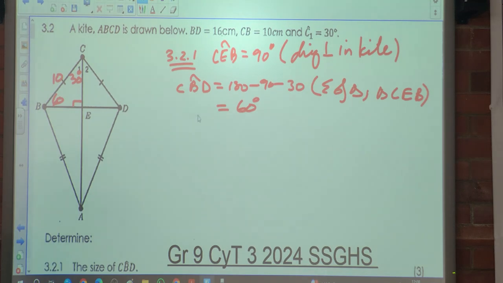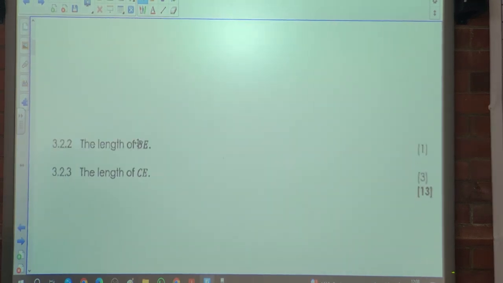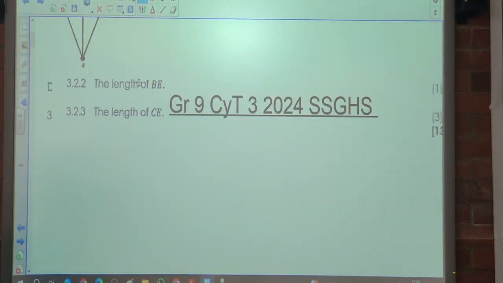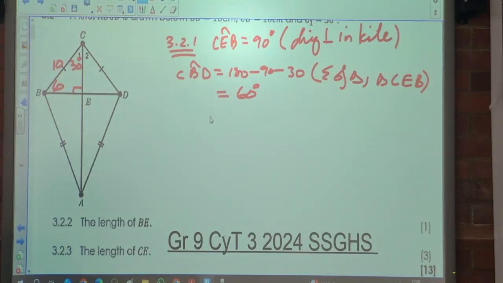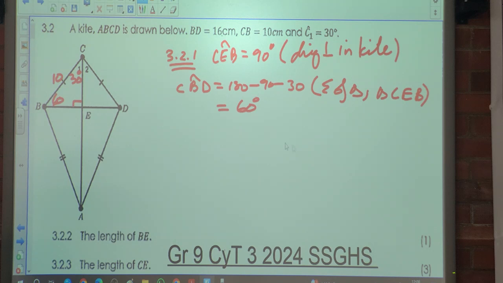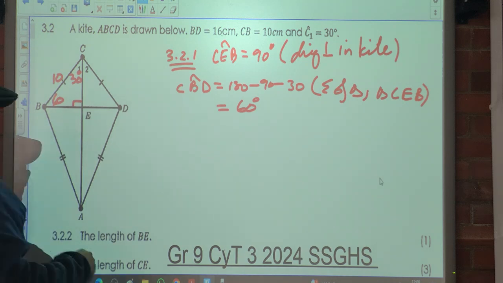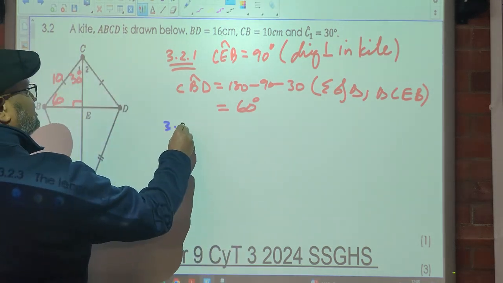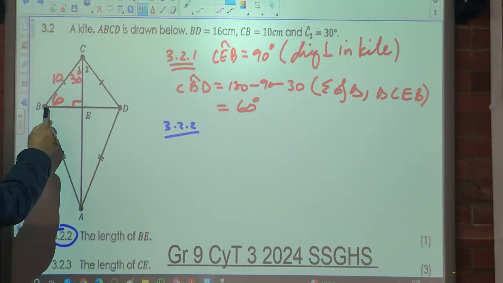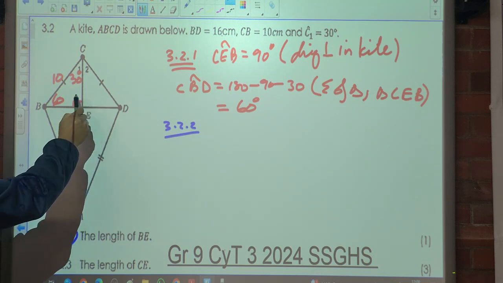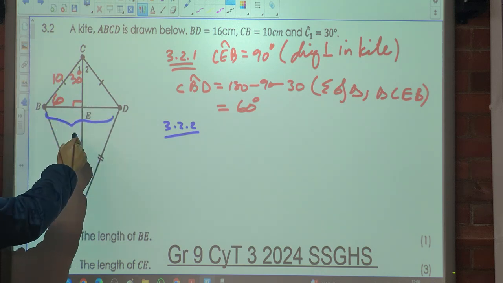Let's go to the next question. We are then told 3.2.2, calculate the length of BE. But remember, this whole length is 16.